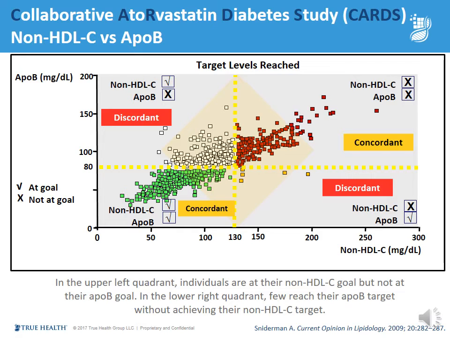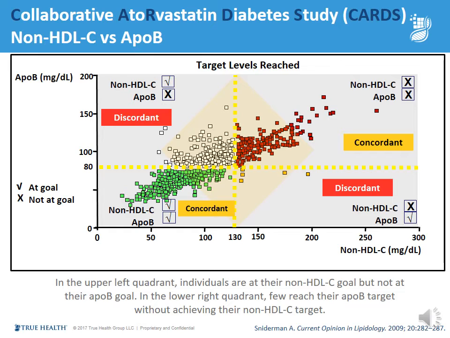In other words, they were concordant, and they would equally predict risk. But let's look at the upper left quadrant there. Look how many people had normal LDL cholesterol, as evidenced by the vertical check mark, compared to abnormal, as indicated by the big X, apolipoprotein B levels.